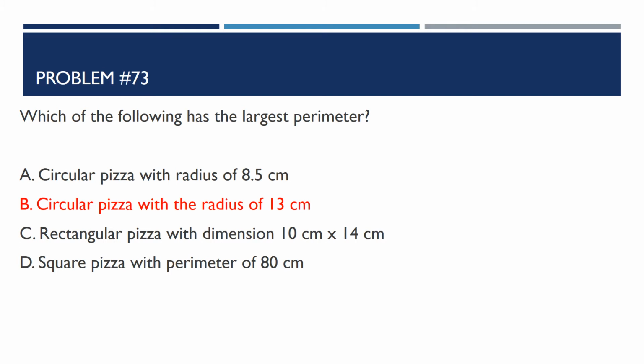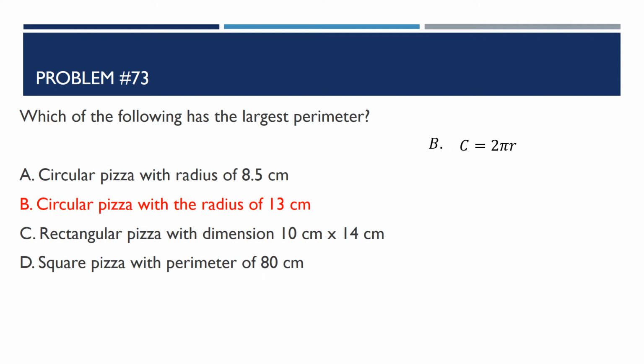So we only have 3 options left, B, C, or D. We need to know the perimeter. For D, it's already given. It's a square pizza with a perimeter of 80 centimeters. So we just need to compute for B and C. B is circular, so we'll use the formula for circumference, because that's the perimeter of a circle.